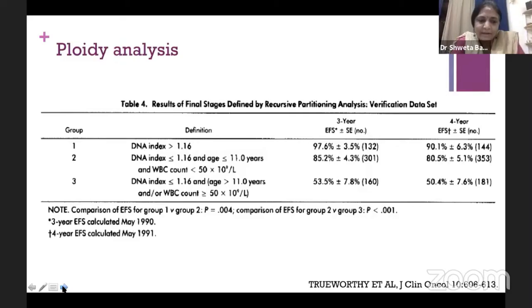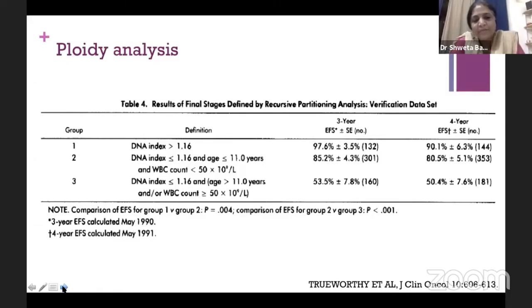And when they combined the low DNA index of less than 1.16 with the good risk features, they found these patients had a lesser survival compared to the patients who had a DNA index of more than 1.16. So DNA index is an important prognostic feature even if the patient has good risk features like age less than 10 years and WBC count of less than 50,000.